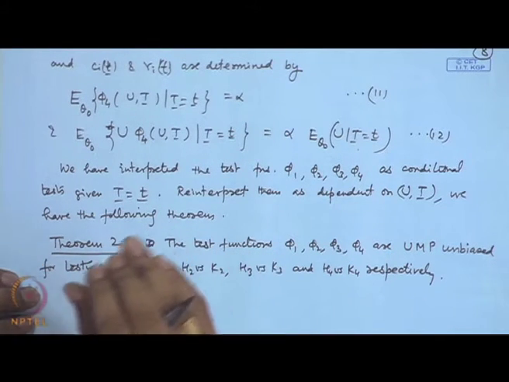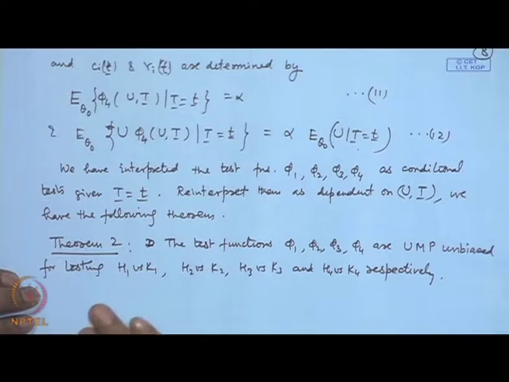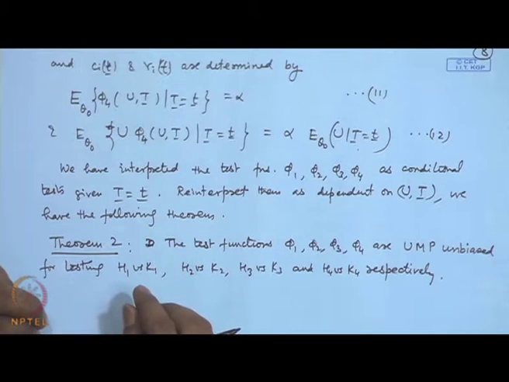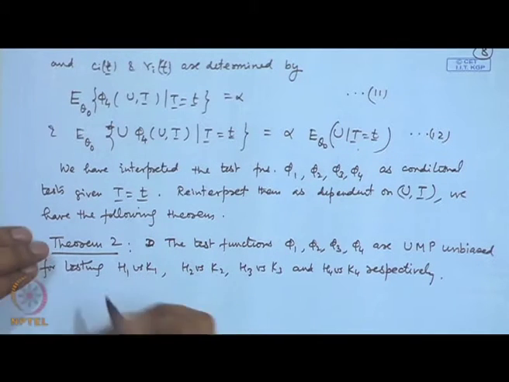Under the given setup, that means the joint distribution of the initial random variables was a multi-parameter exponential family. In fact, it was a k plus 1 dimensional distribution, and the distribution of u and t, the sufficient statistics, was also in the exponential family. In that case, we will have these as UMP unbiased tests.